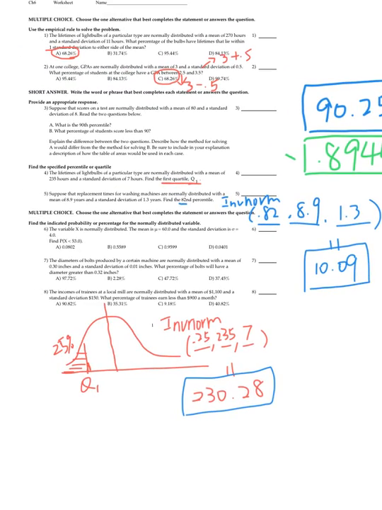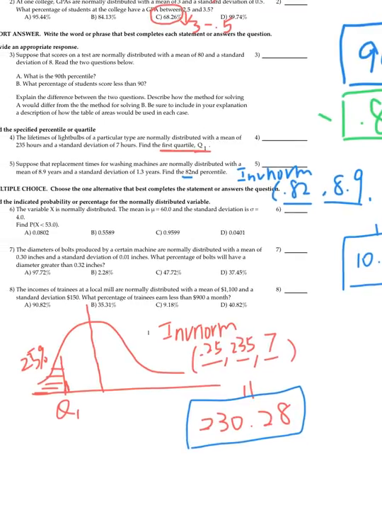Number 6. We have the mean and the standard deviation. We want to find the probability for x less than this number. So we are looking for probability: normal CDF, with minimum, maximum, mean, and standard deviation. For the minimum, we don't have a lower bound, so we use negative 10 to the 99 as our lower, and our upper is 53.